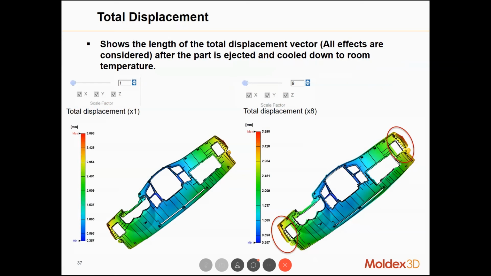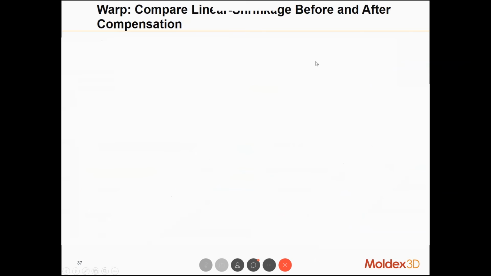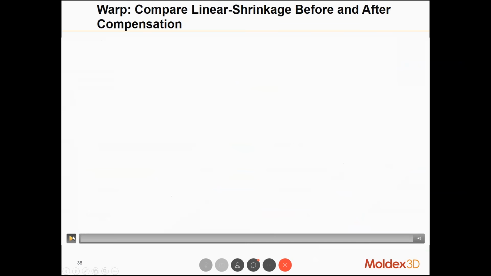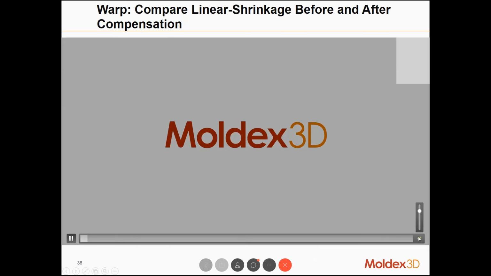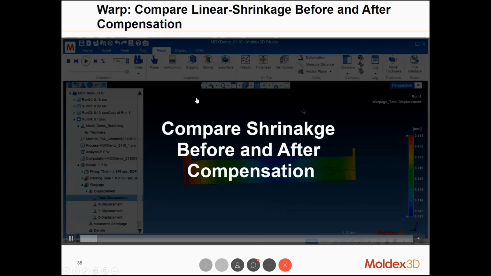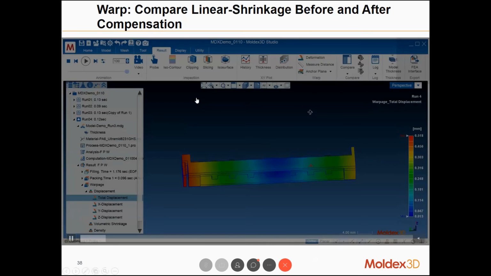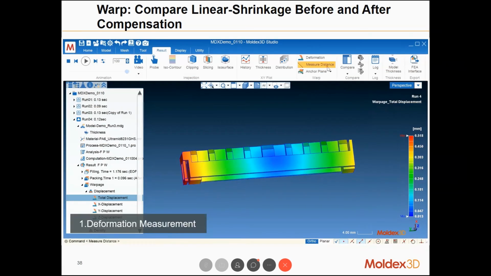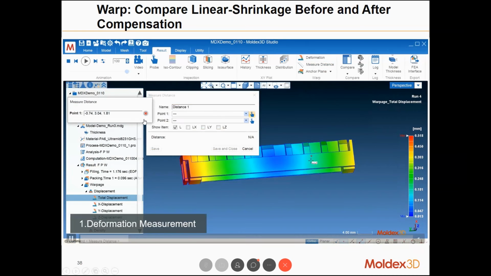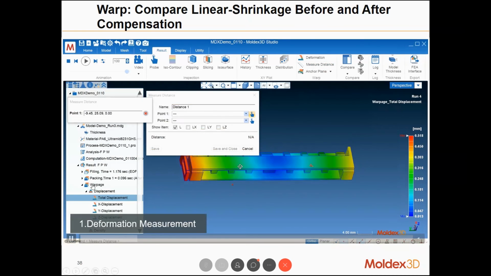So for the next slide, I would like to show you how to measure the linear shrinkage and roundness by short clips. And this clip shows you how to measure the linear shrinkage and how to compensate the linear shrinkage.